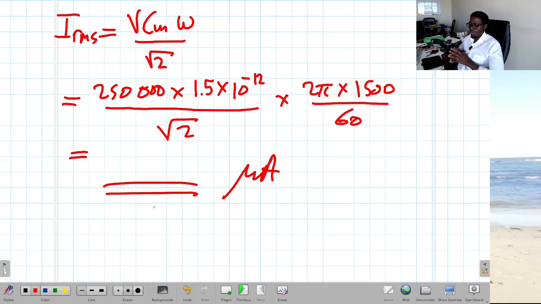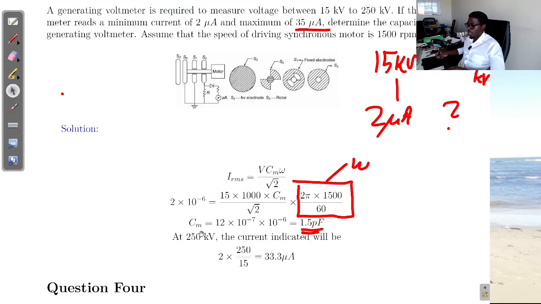So you may be asked to find the voltage, you may be asked to find the maximum capacitance or the capacitance of the generating voltmeter, and so forth. Okay, and so this is how you handle questions related to the generating voltmeter. I have another example, but it's very similar to this one, so I reckon there's no need to go through the same procedure that we've done. I hope this is clear to you.